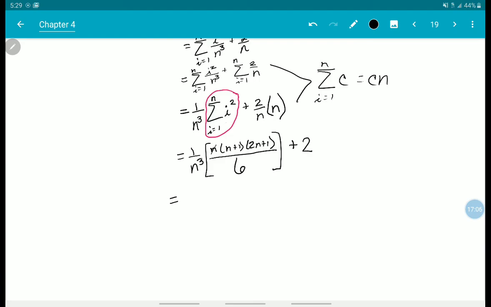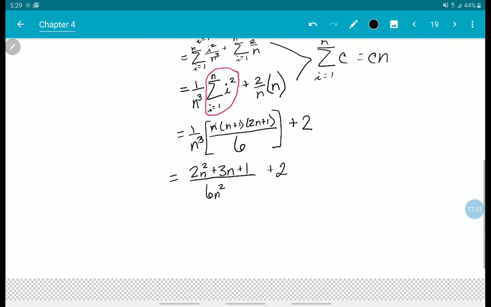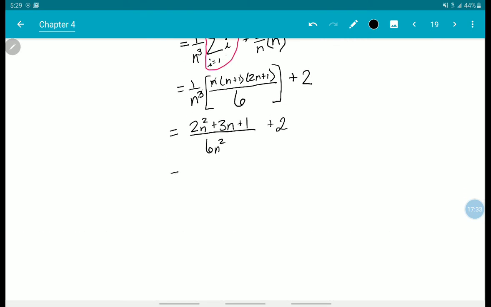That n and this will reduce. So we're going to have 6n squared in the denominator. Now we need to FOIL all this out. So we have 2n squared plus n plus 2n is plus 3n plus 1. And then we have a plus 2 hanging out. We can split that numerator.